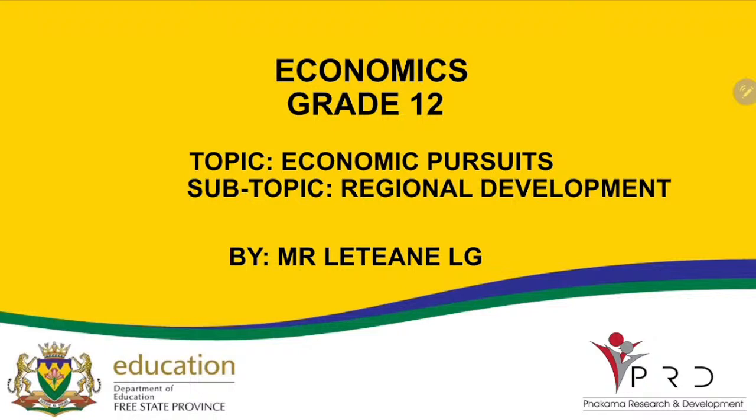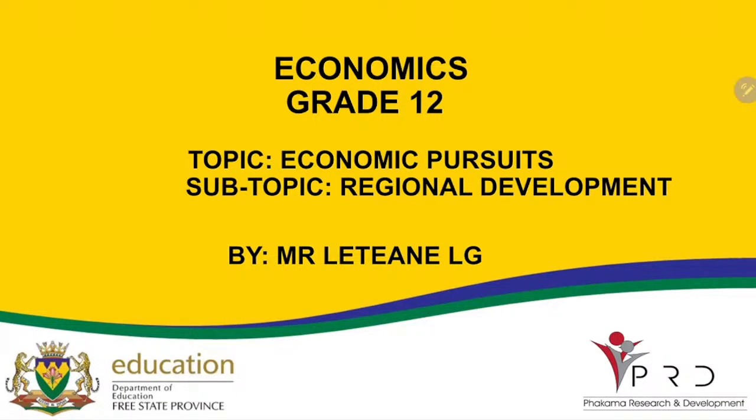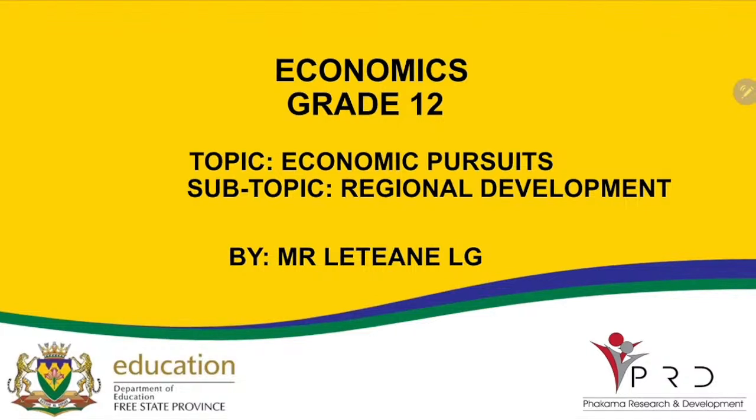So we'll be looking at the following as per our exam guideline: regional development. We're going to be outlining why there is regional development, or what the aims of regional development are. We're also going to focus on South Africa's endeavors. When we look at this term, it seems confusing, but it's not.